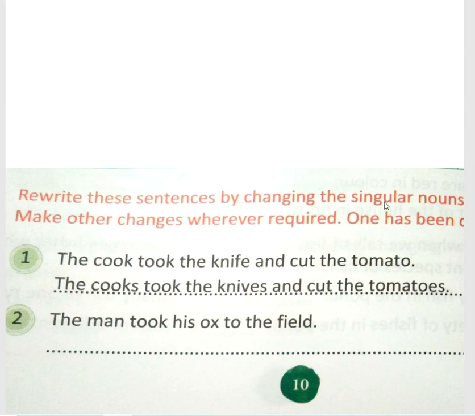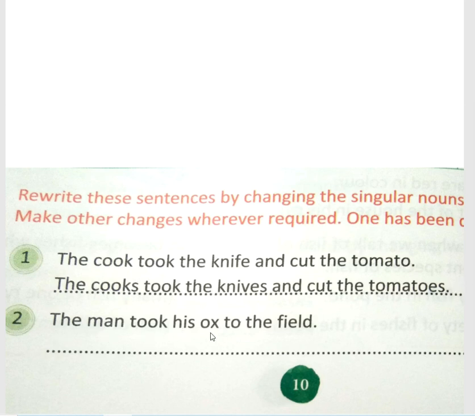Rewrite the sentences by changing the singular into plural forms and make other changes wherever required. I already explained to you in the assignment. The cook took the knife and cut the tomato. So in plural form, it will be: the cooks took the knives and cut the tomatoes. So all the singular you will have to change into plural.